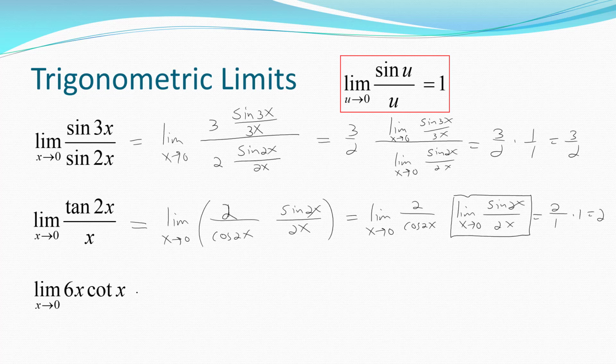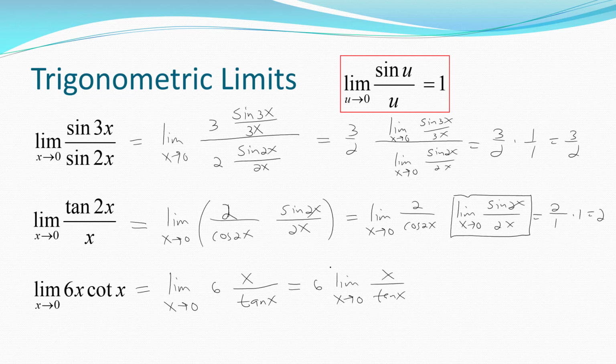The last one, this is then equal to. I will then write this as the limit as x approaches 0 of, think of it as 6, put the x here, and put the cotangent, take its reciprocal using the identities, and put it as a dividing by a tangent. You can then write this as 6 times the limit as x approaches 0 of x over the tangent of x.